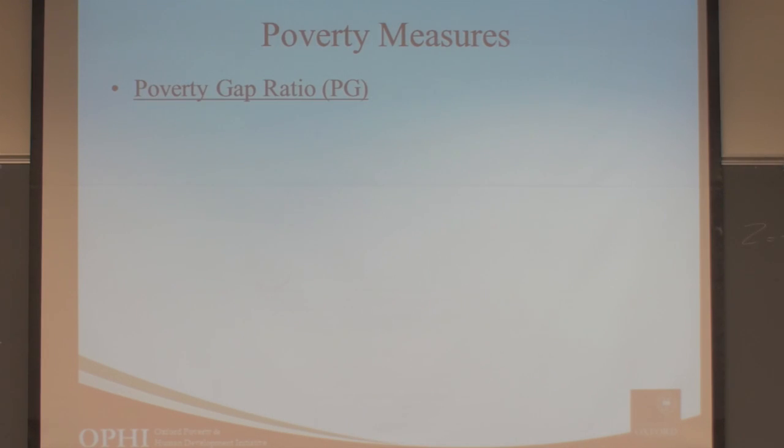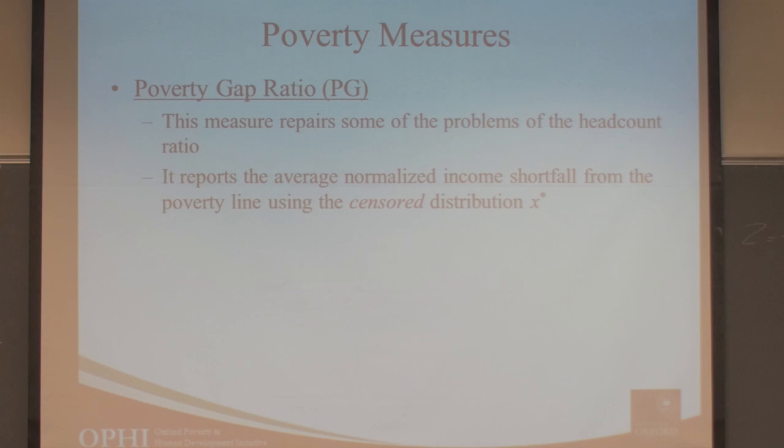Let's look at the next measure, which is the poverty gap ratio. Have you heard about this measure? What it does is repair some of the problems of the headcount ratio. It reports the average normalized income shortfall from the poverty line using the censored distribution. How do you do that?